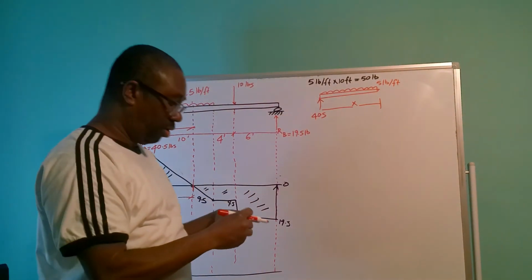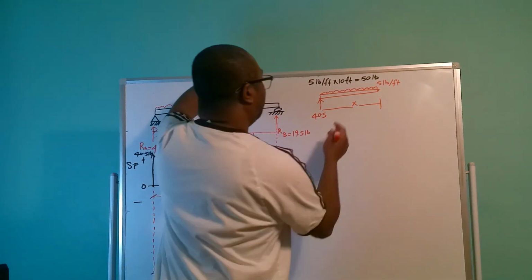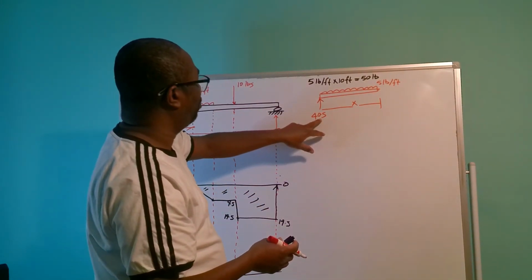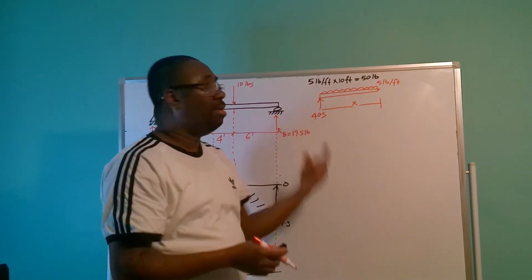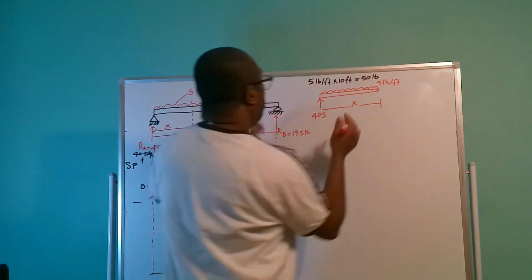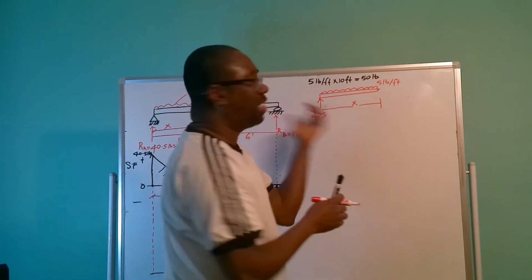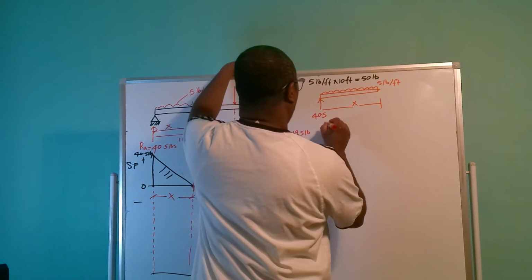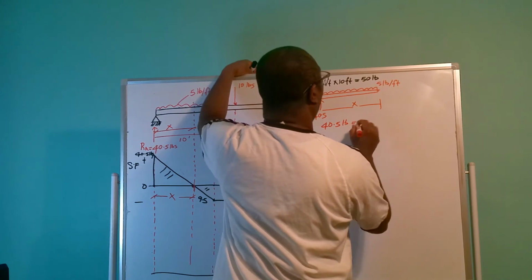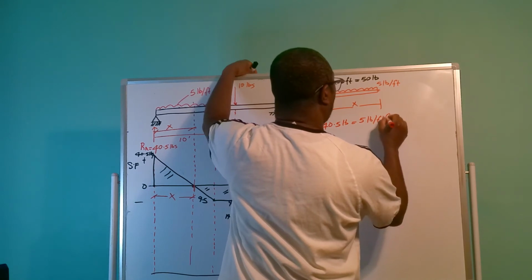For the beam to be in equilibrium, this 40.5 pounds going up must be equivalent to the same load that is coming down. So we can just equate 40.5 pounds to 5 pounds times x. So we can do this: 40.5 pounds equals 5 pounds per foot times x.